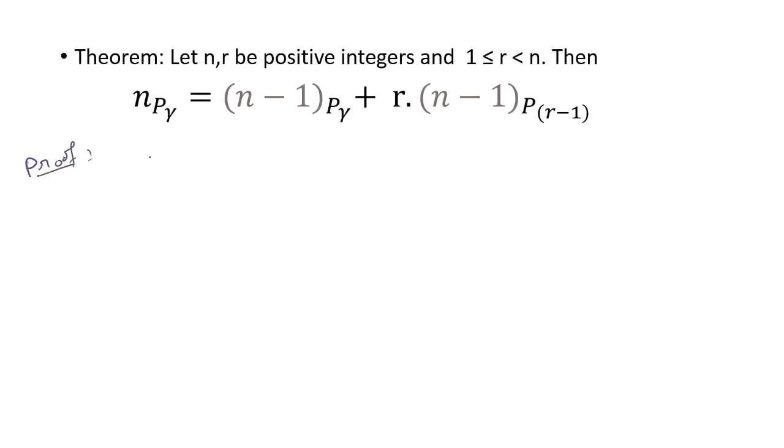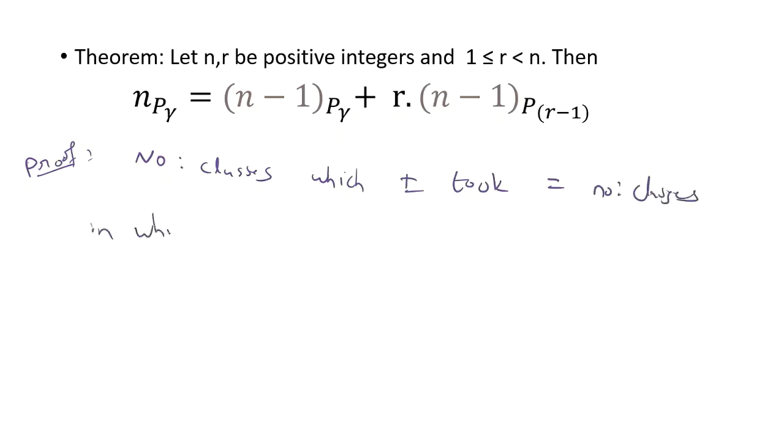Let me write a small statement. The number of classes which I took is equal to the number of classes in which you are absent plus the number of classes in which you are there.